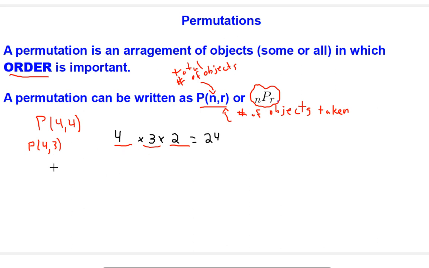Let's look at a slightly different example. Let's look at what happens if we want to place 3 of 5 books, because something a little bit interesting starts to happen. So we're looking for the number of ways to make an arrangement of 3 books taken from 5. Let me just draw some lines here so we can get this sorted out. So there's our first spot, our second spot, and our third spot.